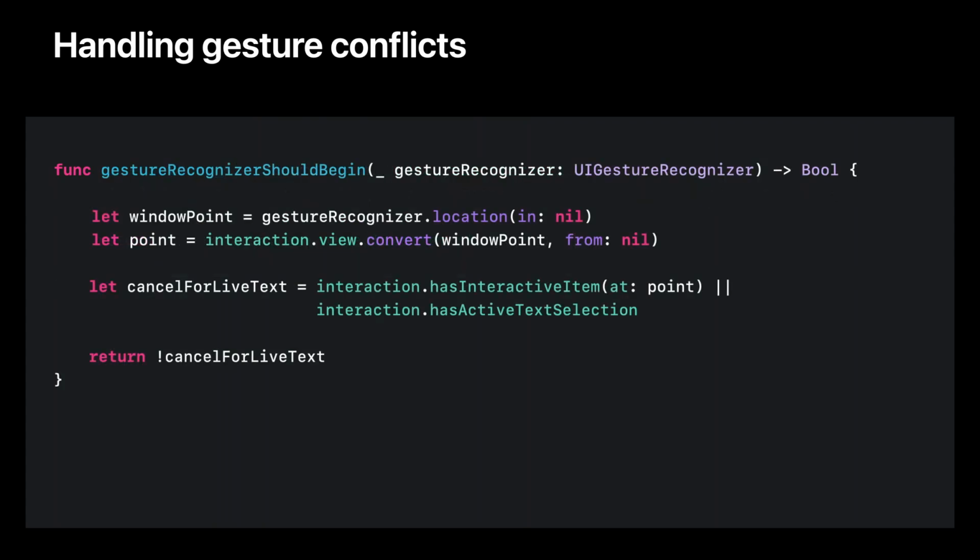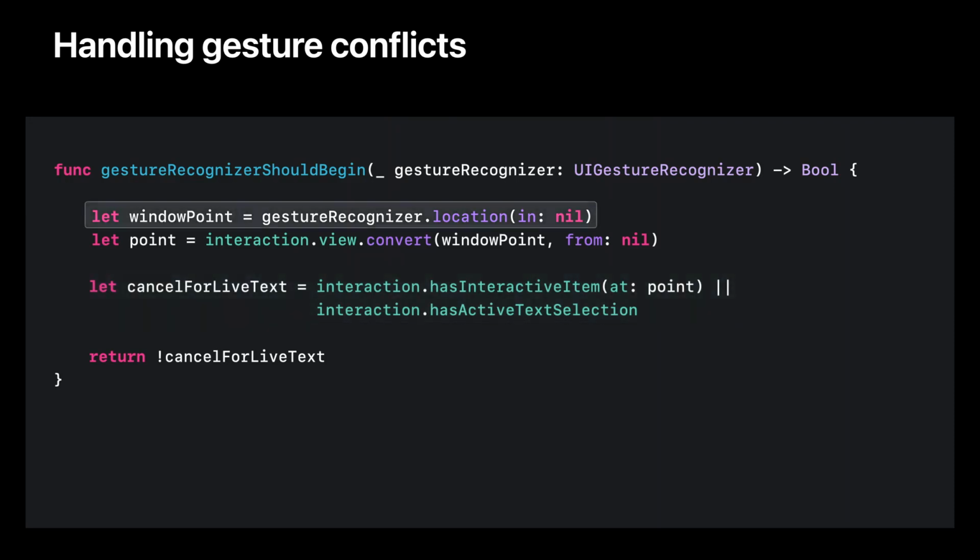On the other hand, if you find your interaction doesn't seem to respond to gestures, it may be because there's a gesture recognizer in your app that's handling them instead. In this case, you can craft a similar solution using your gesture recognizer's delegate method, gestureRecognizerShouldBegin. Here, I perform a similar check and return false if there's an interactive item at the location or there's an active text selection.